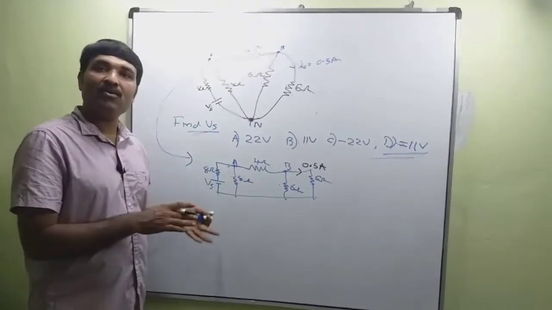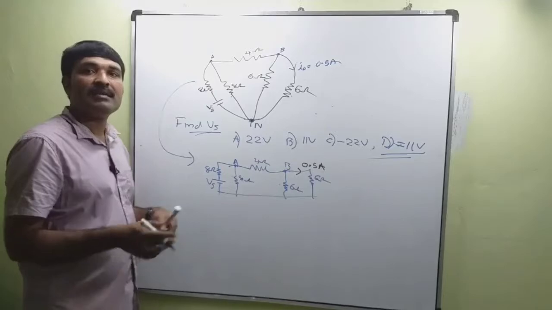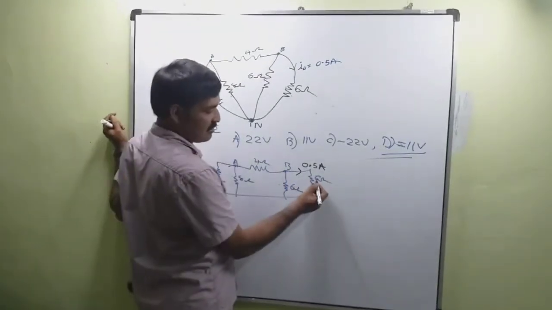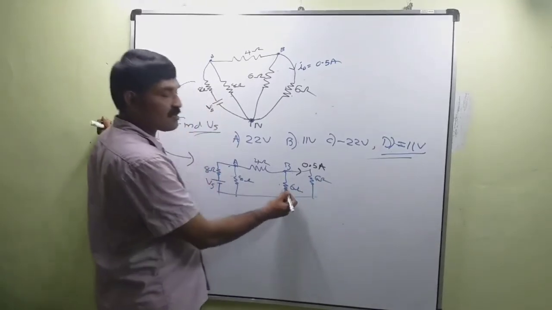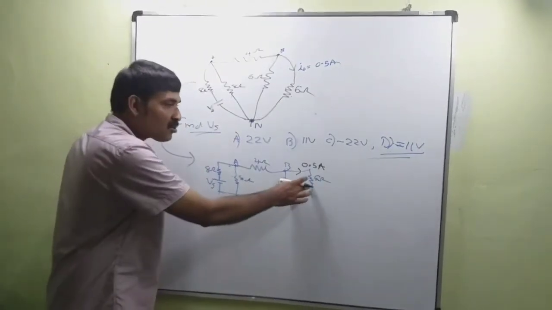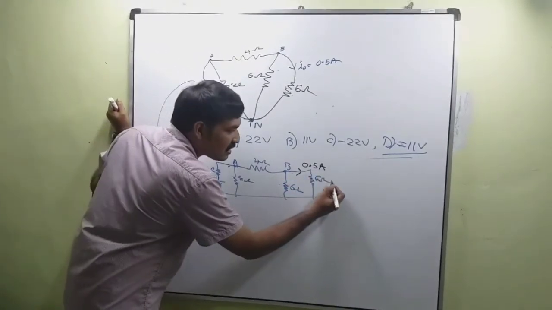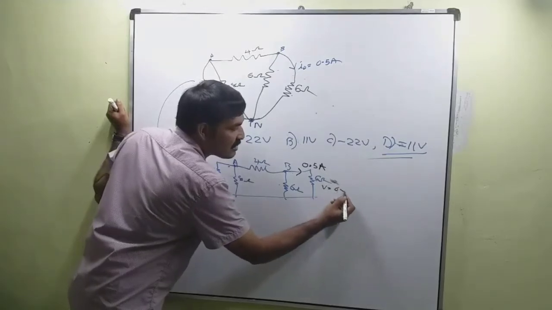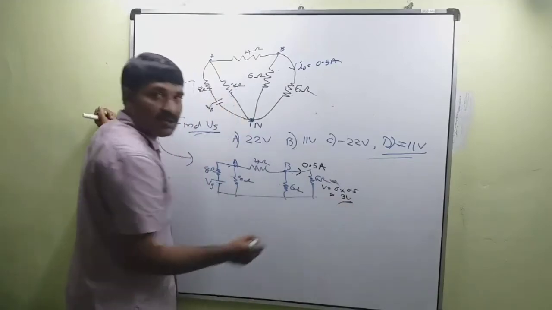So either we can do it using nodal analysis, but I am going to use a simple technique. There is a current division rule. You look at this resistance. The value of this resistance is 6 ohm and the value of this resistance is also 6 ohm. Both of these are parallel and equal resistance. So the potential difference across the 6 ohm is V = 6 × 0.5, that is equal to 3 volt.